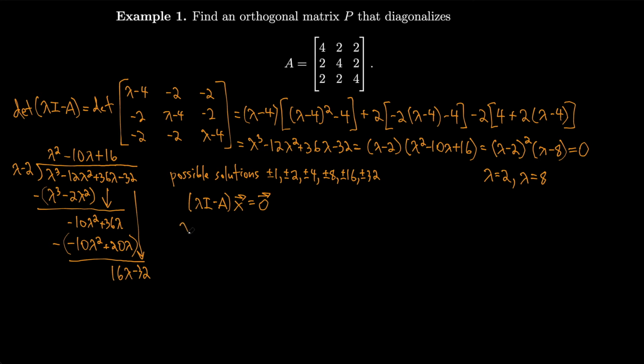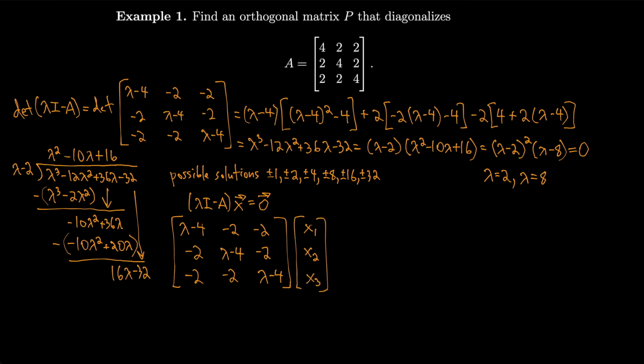So we'll have lambda minus 4, minus 2, minus 2, minus 2, lambda minus 4, minus 2, minus 2, minus 2, lambda minus 4. We'll multiply that by an arbitrary vector x. I'll write it as x1, x2, x3, and set it equal to 0.